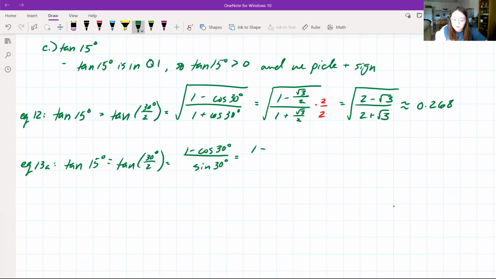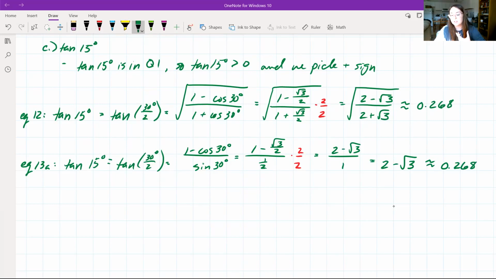This is going to give us 1 minus the square root of 3 over 2 divided by 1/2. So let's go ahead and divide the numerator and denominator by 2. This simplifies down to 2 minus the square root of 3 over 1, which just gives us 2 minus the square root of 3. So our answer in this case was a little bit more simple. So it's 2 minus the square root of 3, which, if we plug this into a calculator, gives us about 0.268. So even though they look different, this is going to be about the same.